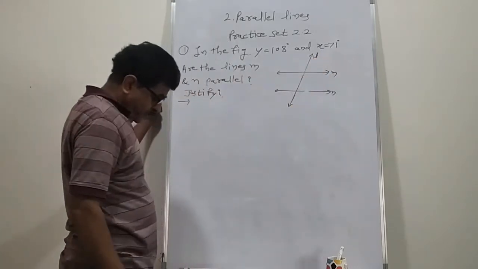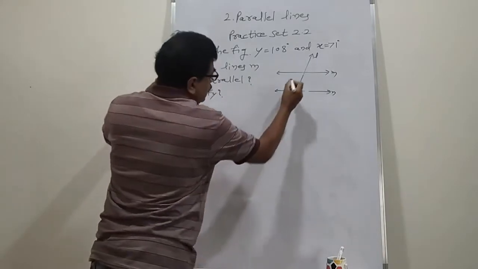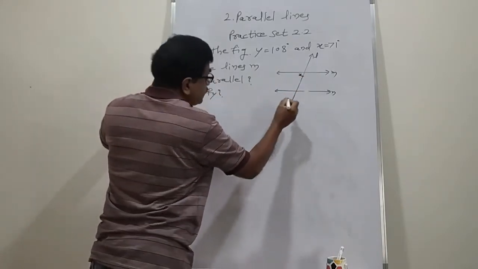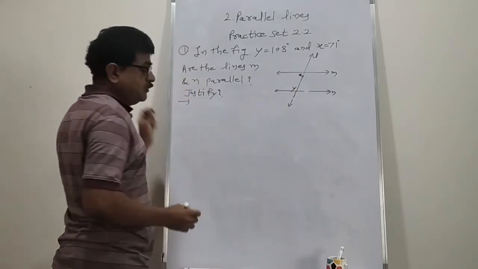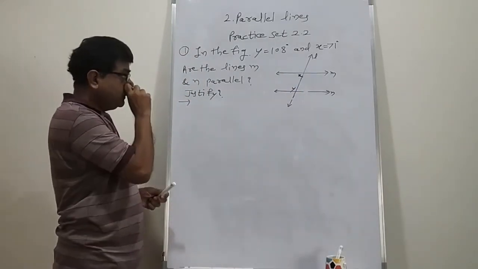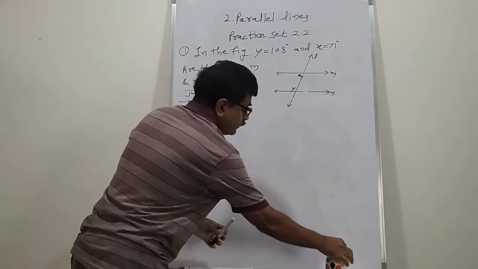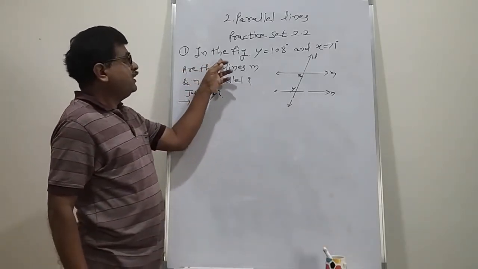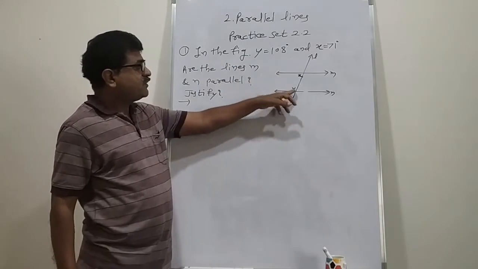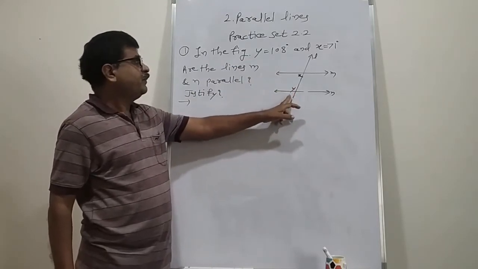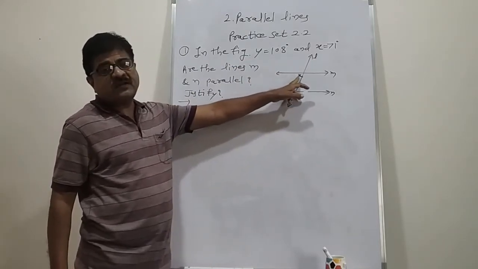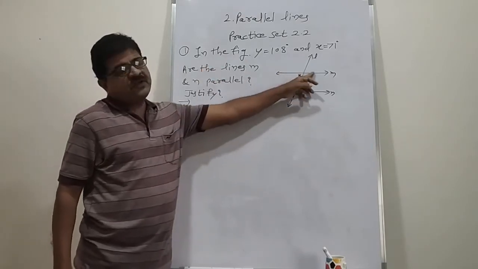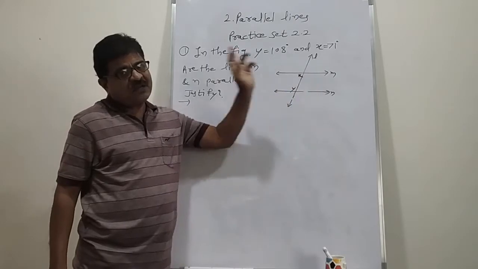We have given this angle is x, this angle is y. In the figure, y is equal to 108 degree and x is equal to 71 degree. We have to show whether these lines are parallel or not.